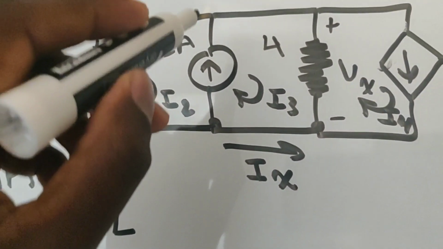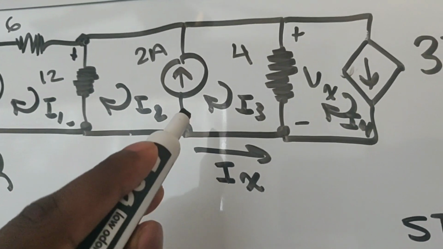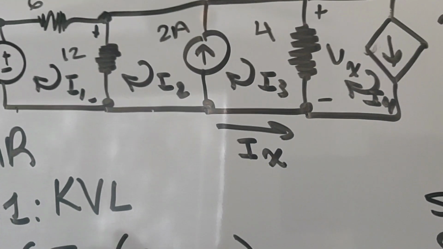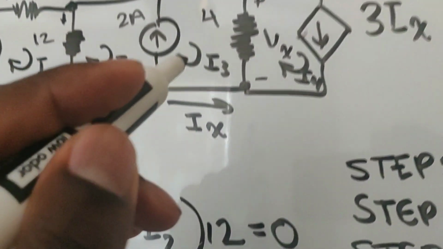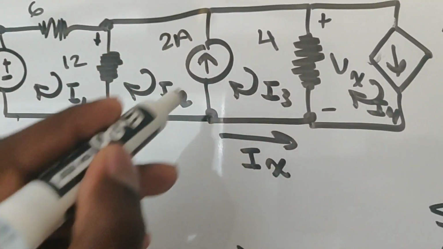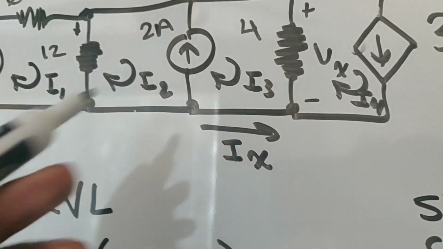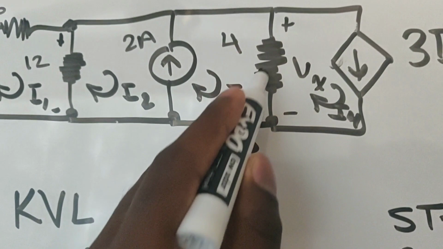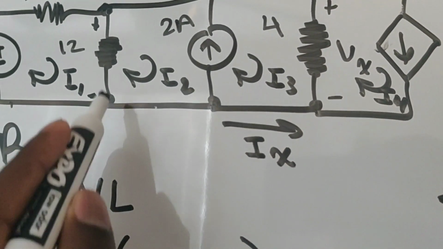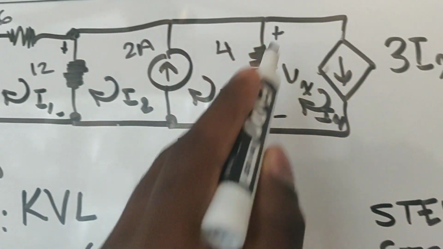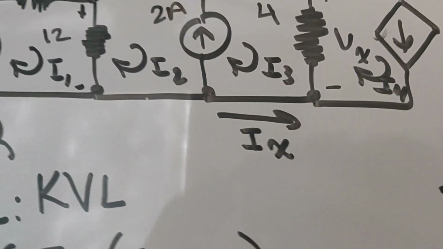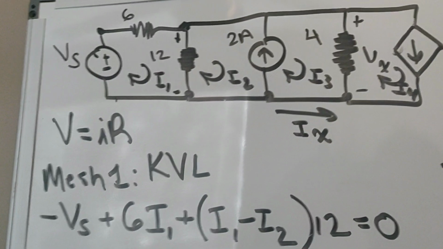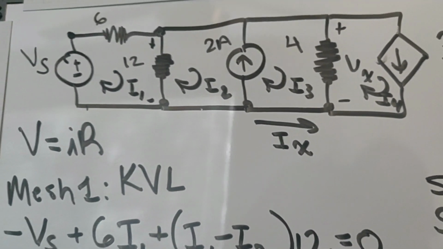Since we don't know the voltage in this branch right here, and we know the sum of all voltage drops in a closed loop is equal to 0, instead of writing an equation just for this mesh right here, we can opt out and write an equation for this whole loop right here, because all voltage drops in a closed loop summed up is equal to 0, right?